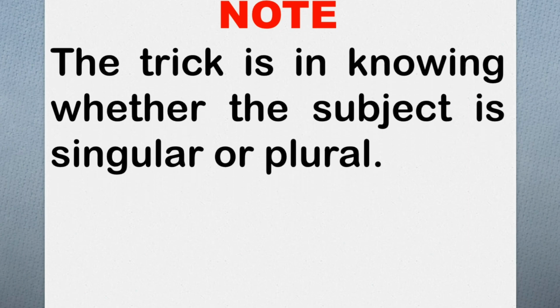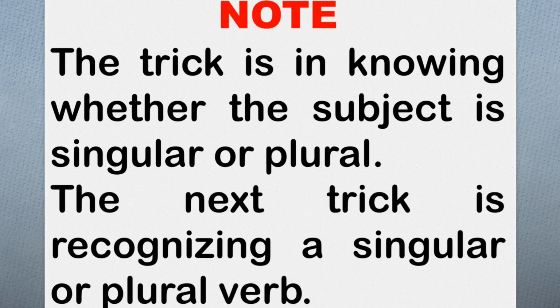So the first trick is knowing whether the subject is singular or plural. Yan ang unang-una yung gagawin. I-recognize nyo muna kung yung subject ba na ginamit in the sentence is a singular or a plural subject. Second, recognizing a singular or plural verb.